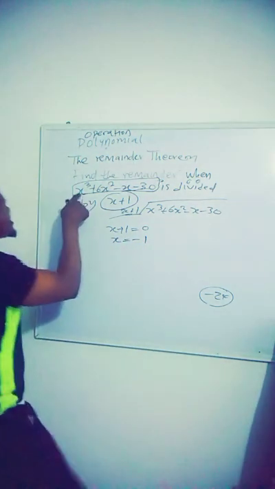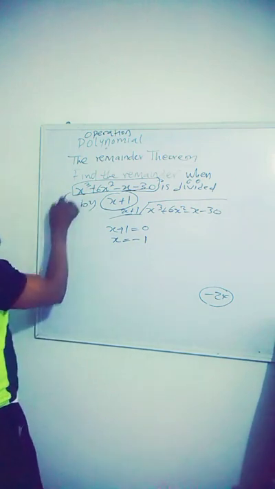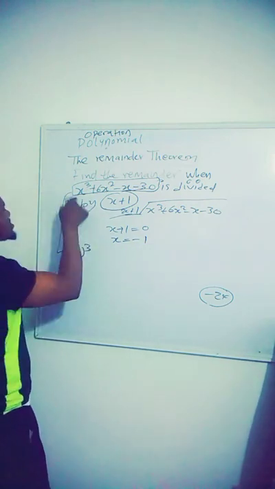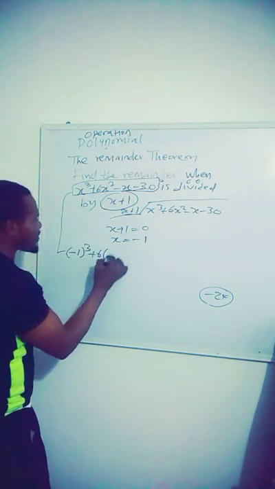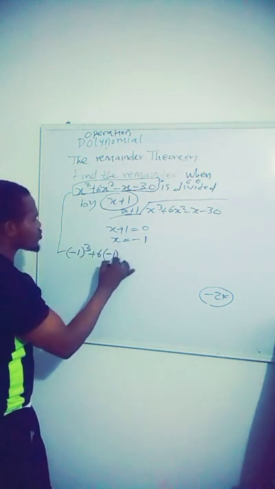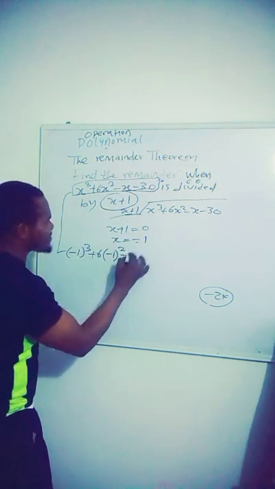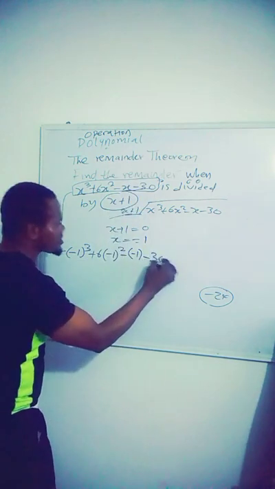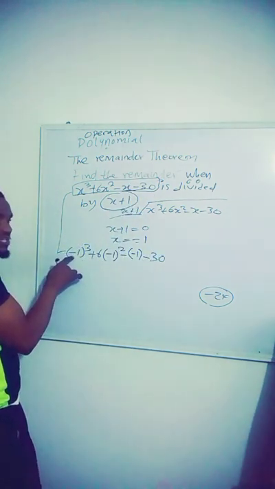So now, this is s cubed, I'm replacing it with minus 1 raised to power 3, plus 6. This is s squared, and our s is minus 1 squared, minus s, our s is minus 1, minus 30.